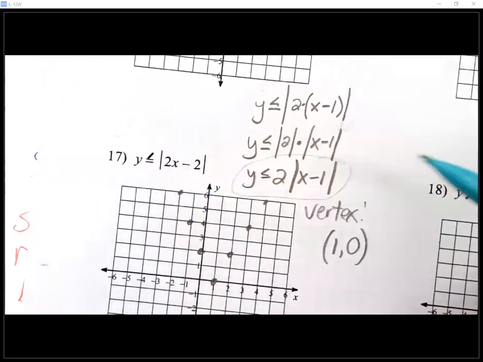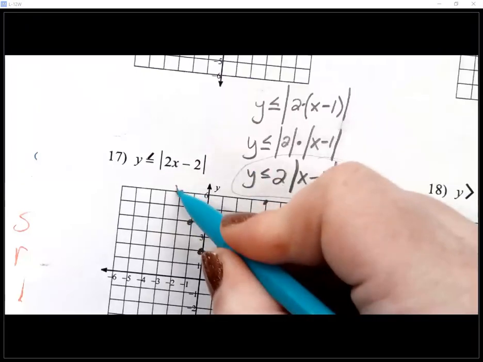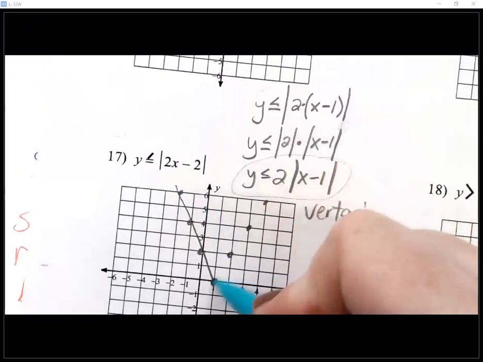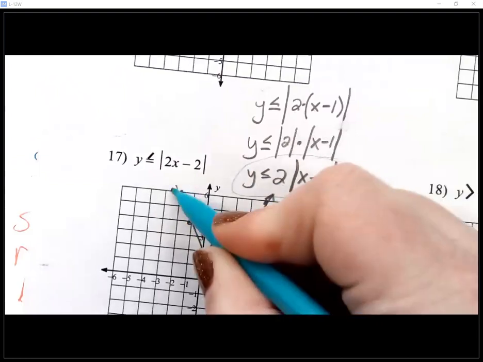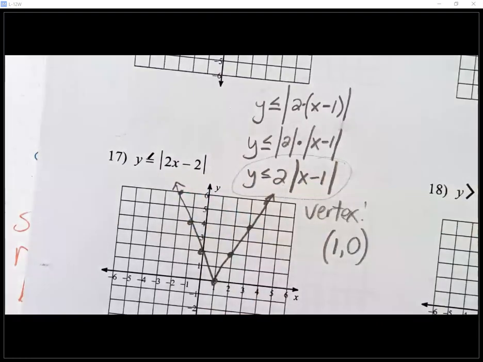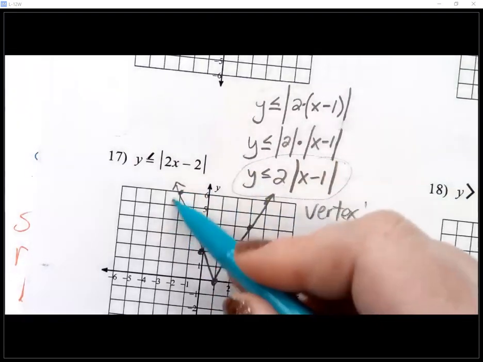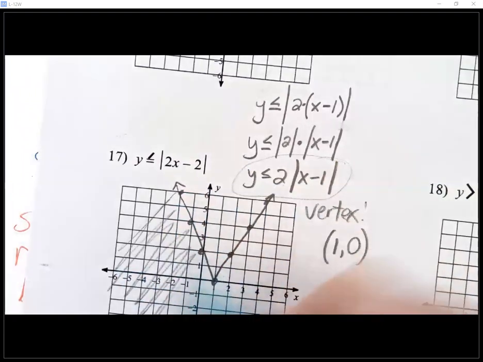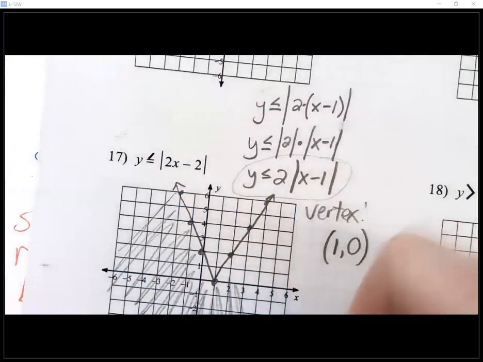Solid or dotted? Solid, because I do have that bar underneath. And then which way am I going to shade? Yeah, below, right? y is less than. So I'm shading everything below that V.